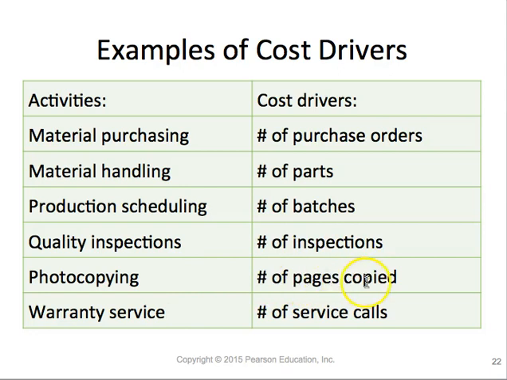Photocopying, sorry, it's not prototyping, photocopying is the number of pages copied, and warranty service is the number of service calls. And so these are some examples to show us what activities we have and what units or cost drivers we have.